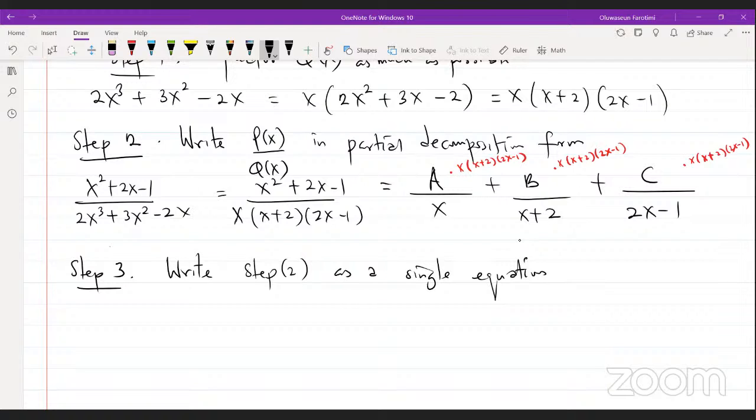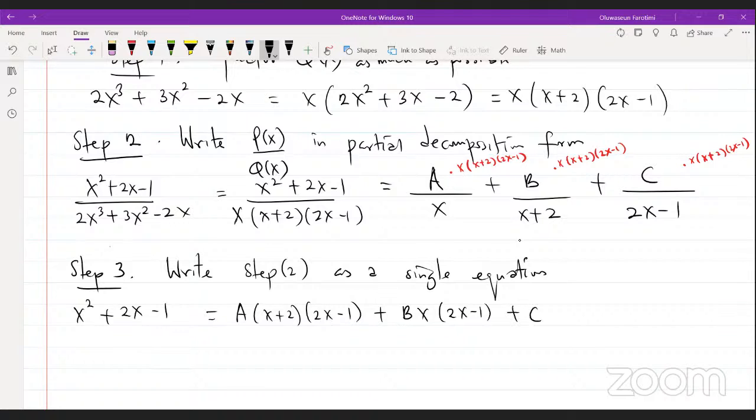So equivalently, that means x squared plus 2x minus 1 is just going to be equal to A times (x plus 2)(2x minus 1) plus B times x(2x minus 1) plus C times x(x plus 2).